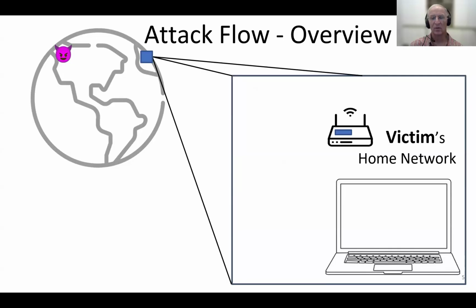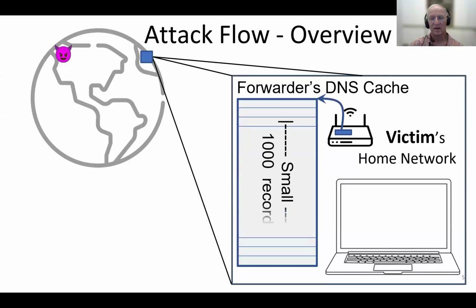What we use is a forwarder cache. It's an element of DNS in the home router, either Wi-Fi or cable or any other home router. They use some kind of a DNS cache to expedite the responses of DNS requests.